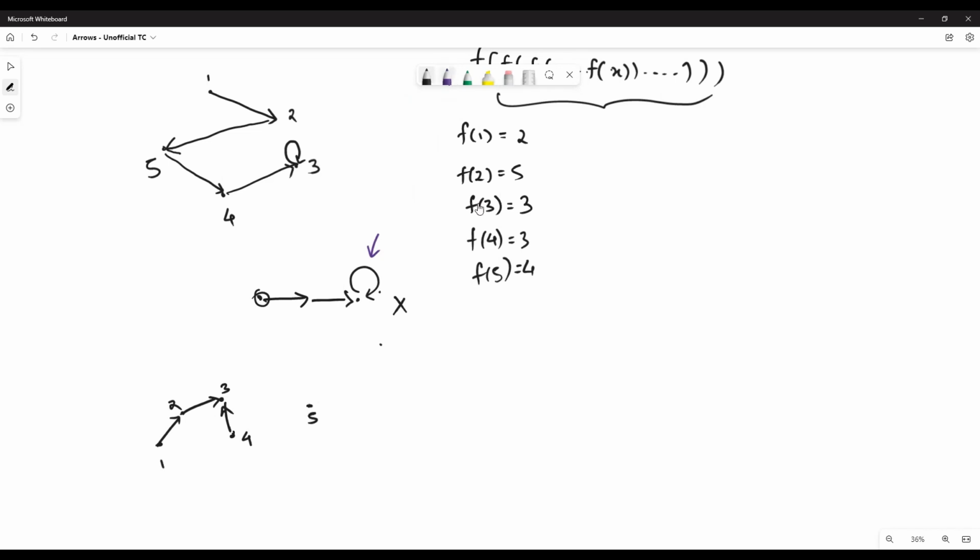Let me draw this with purple. Maybe alone. And this is a valid function, and it satisfies the problem condition. 3 also has a vertex going to itself. So now what do we do of these purple loops?